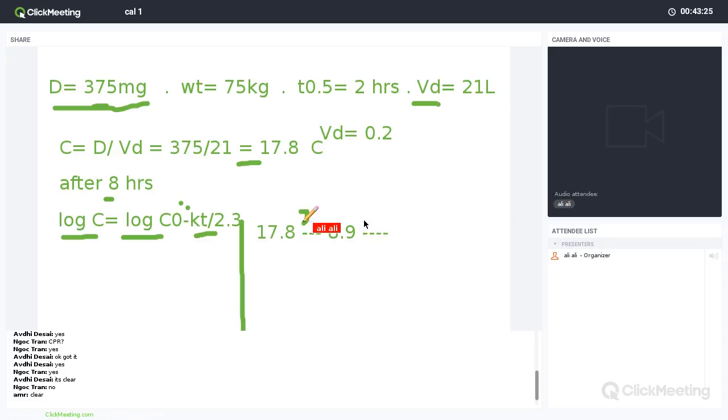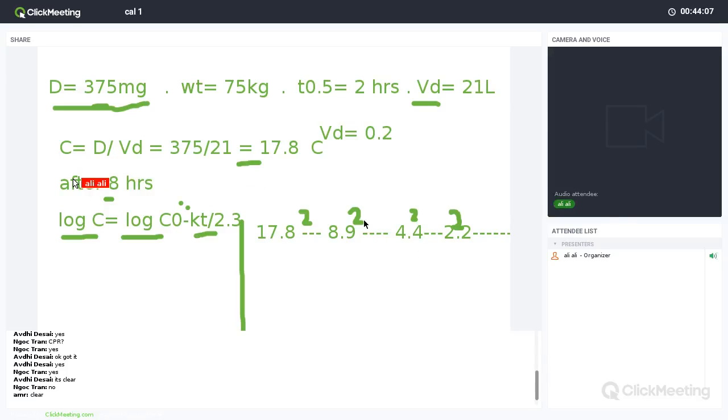We have here 2 hours, then another 2 hours, then another 2 hours. Just follow and you will see how easy it is. Then we divide again by 2: 4.4, then 2.2, then 1.1.